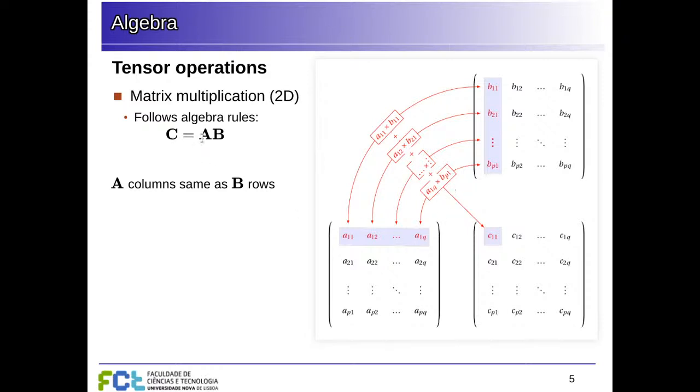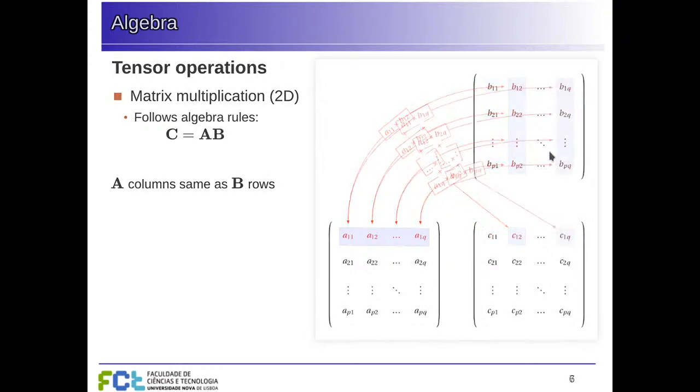First, if we are multiplying matrix A by matrix B, we need to have the same number of columns in matrix A as we have of rows in matrix B. And this is because for each value in the resulting matrix C, we are going to compute the product of the first element of the first row of A multiplied by the first element of the first column of B, and then add the second element of the row multiplied by the second element of the column, and so on, to get this first value.